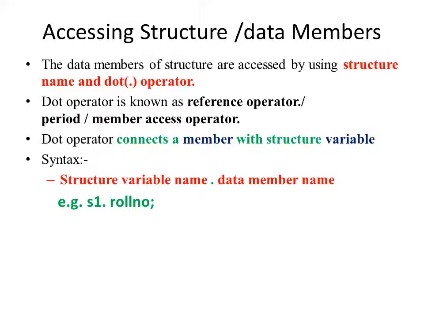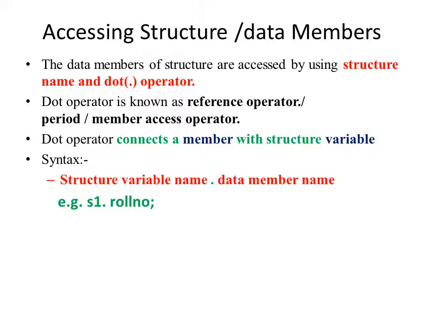Simply you can call it a dot operator. Dot operator connects a member with a structure variable. Now you will get the very important idea about the use of the dot operator. It works as a bridge between the data members and the structure variables.